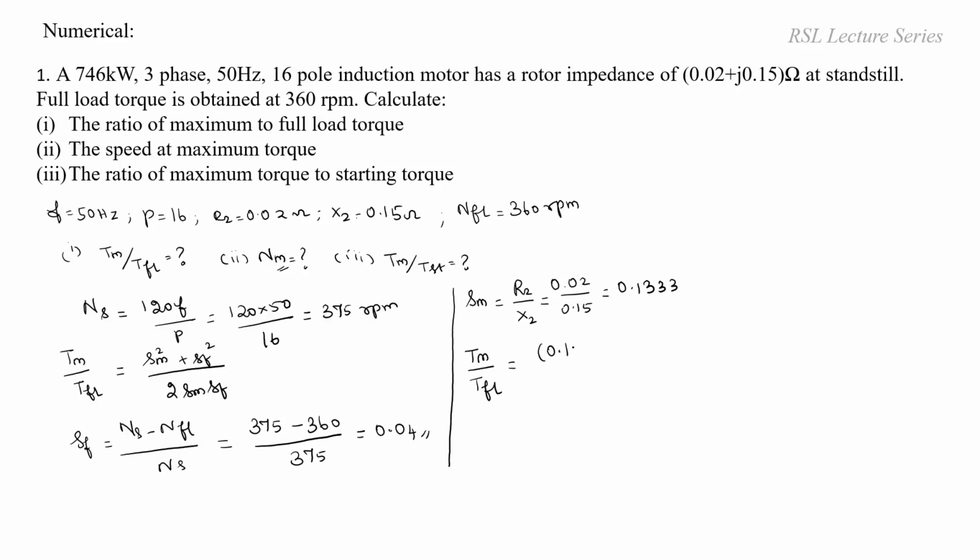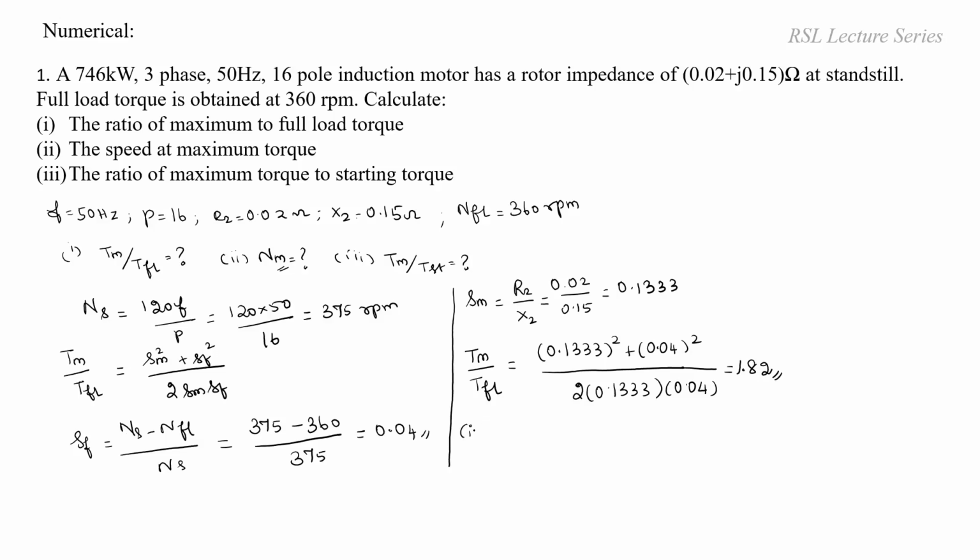So Sm is 0.133 whole square plus Sf 0.04 whole square divided by 2 into 0.133 into 0.04. So on simplification we will get 1.82. Okay, this is the answer.